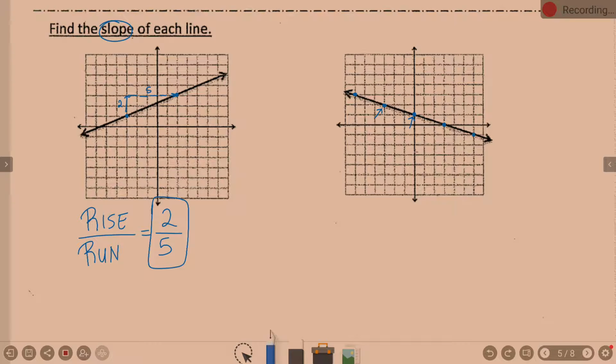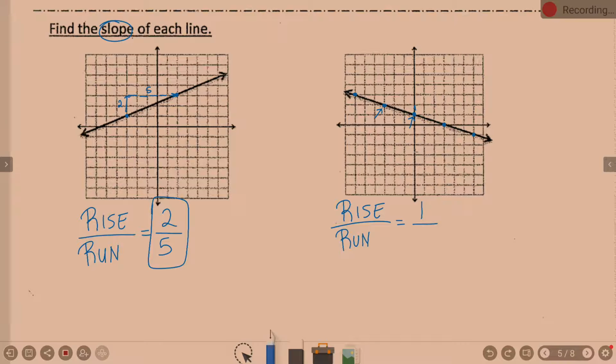What's my phrase? Rise over run. Now, I like to start at the lower point. That's my personal way of teaching. How far do I rise? Up 1. I just rise 1.